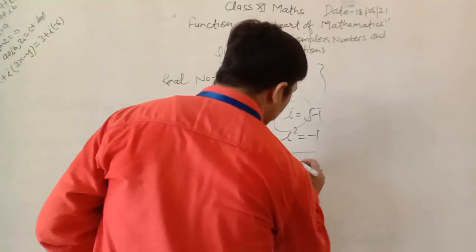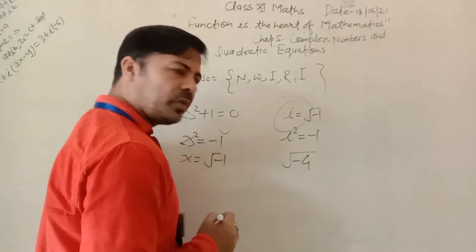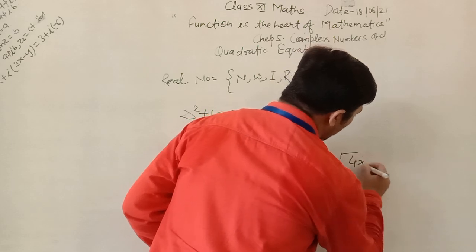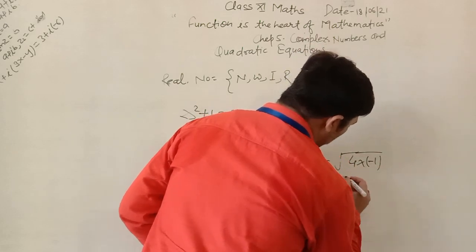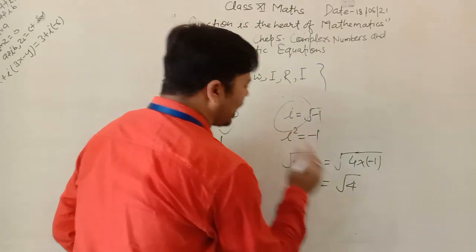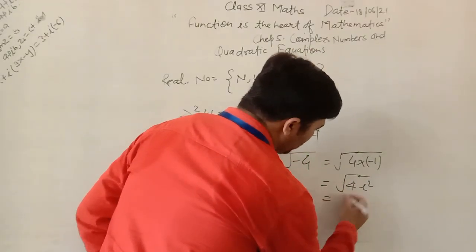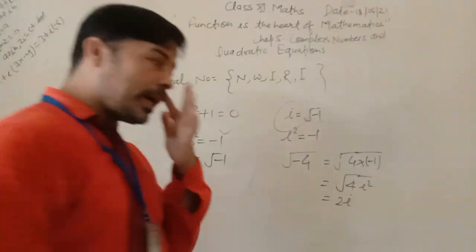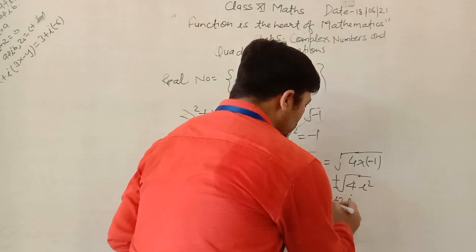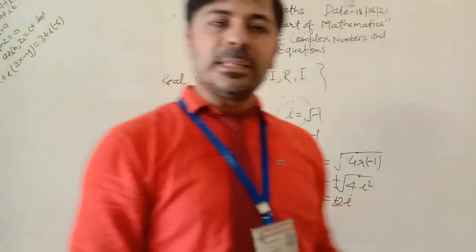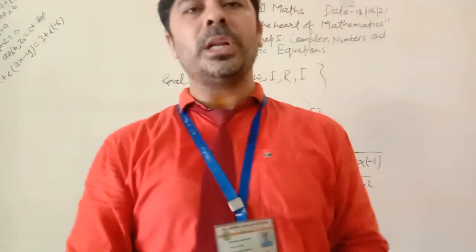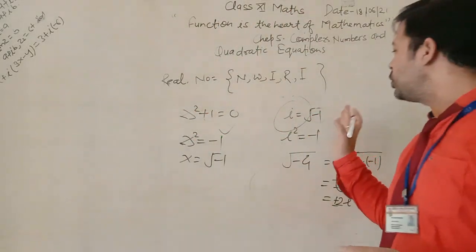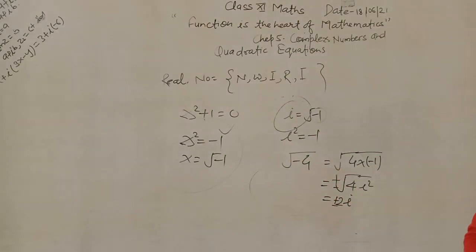Means if you are asked to find the value of root of minus 4, then you put minus 4 as 4 into minus 1, and put the value of minus 1 as i square. So it becomes, student, 2i. Now you can obtain the solution of numbers which are given as negative using i is equal to under root minus 1, or i square is equal to minus 1.